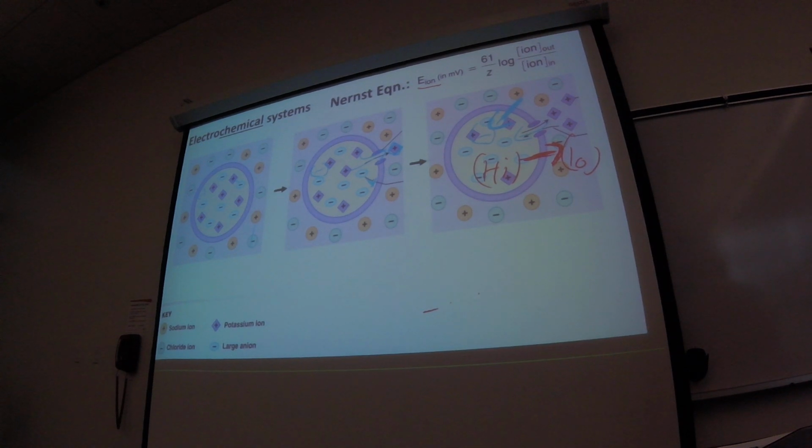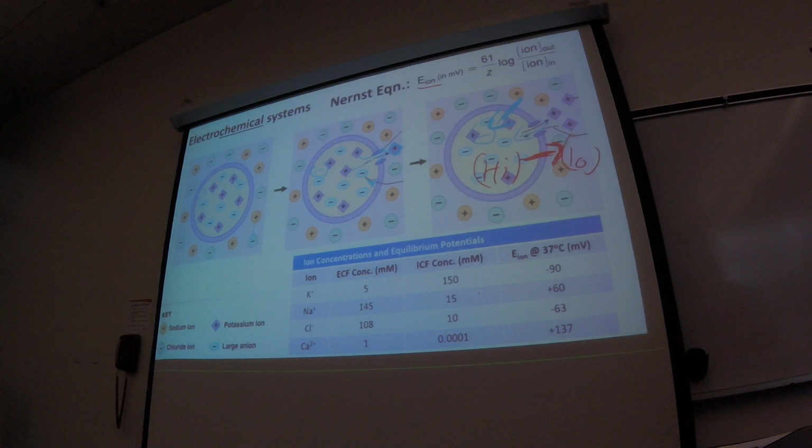For potassium, if the membrane potential is -90, that is when we have hit electrochemical equilibrium with potassium.